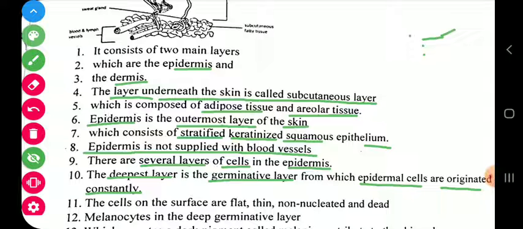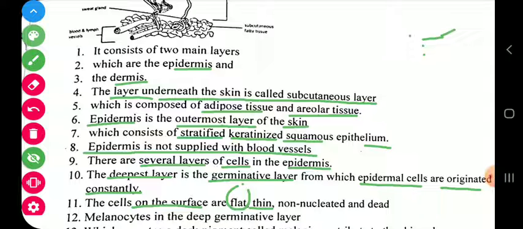The cells on the surface are flat, thin, non-nucleated, and dead. So there are several points that you have to remember here. What can you say about the cells on the surface? Well, they are flat. What else? They're thin.